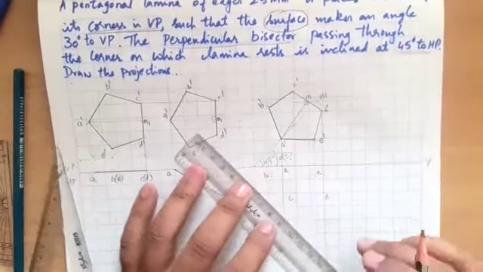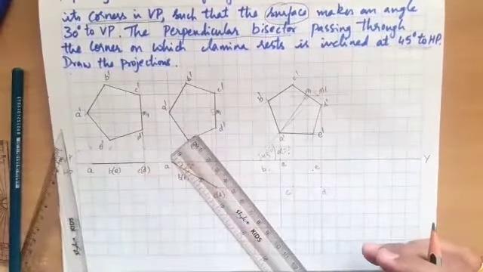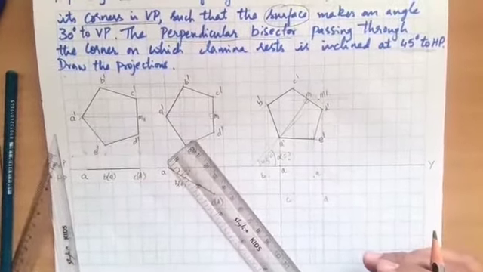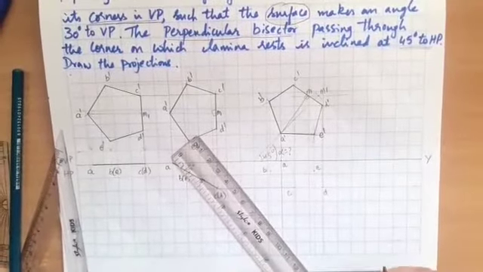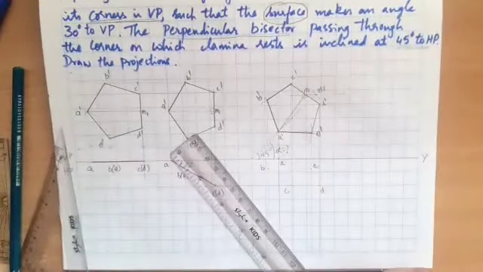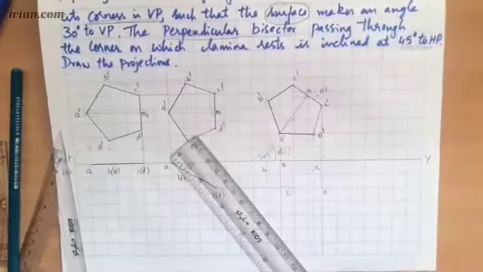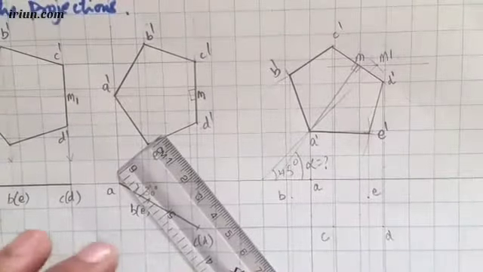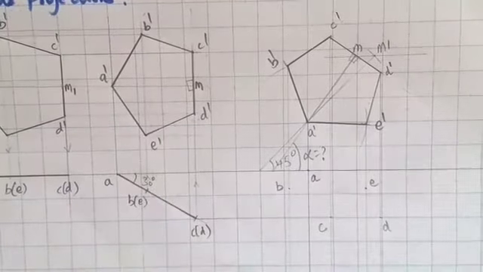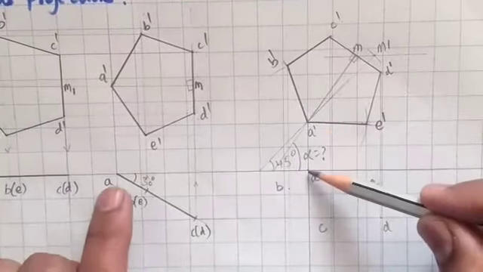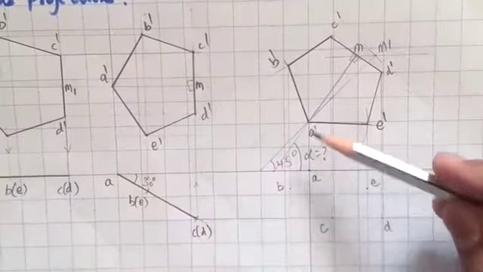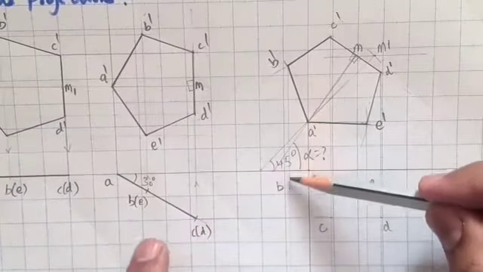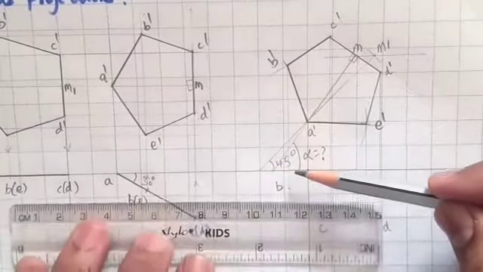Your final apparent view will be there. A dash is meeting A here. Next, the B dash projector is meeting the B projector here.